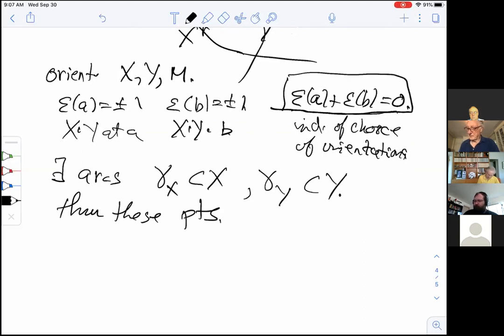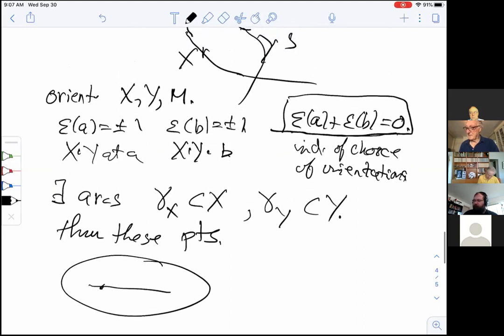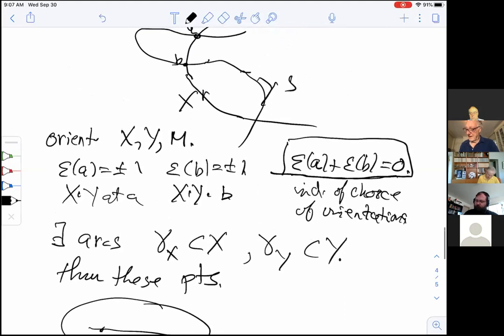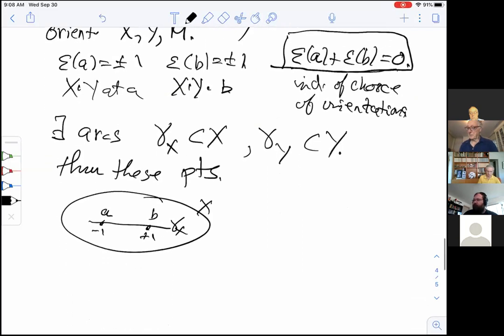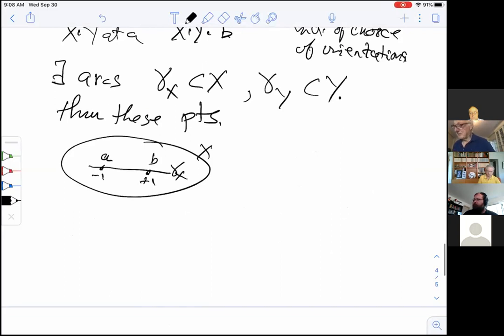So for example, if this is X, here's gamma x, and this is the point, let's say A is -1 and B is +1 on this arc gamma x inside X. And for a reason that will become clear in a minute, that's what I do.